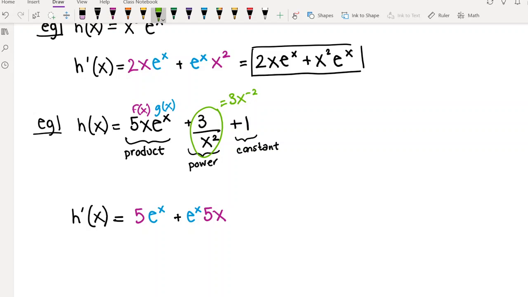Once we have that, we can take the derivative using the power rule. So we'll have 3 times negative 2 x to the negative 3, just applying the power rule for that part. And then lastly, we have the constant, and when you take the derivative of a constant, it's just 0.